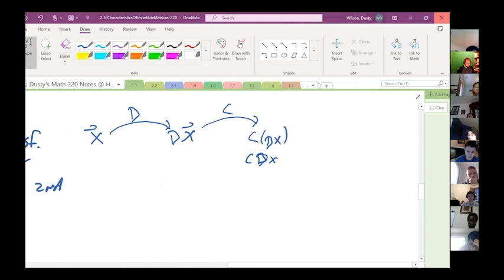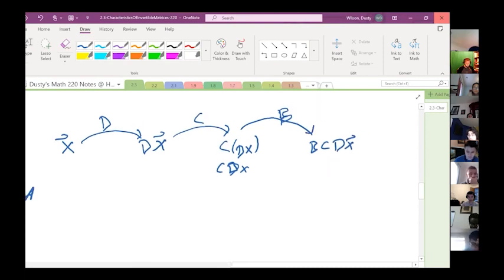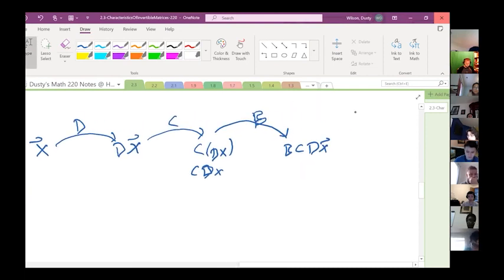Okay. And then you follow that along B. This one is a B. And you get B, C, D, X. And then in this case, you end by doing A last, and you get A, B, C, D, X, something like that.